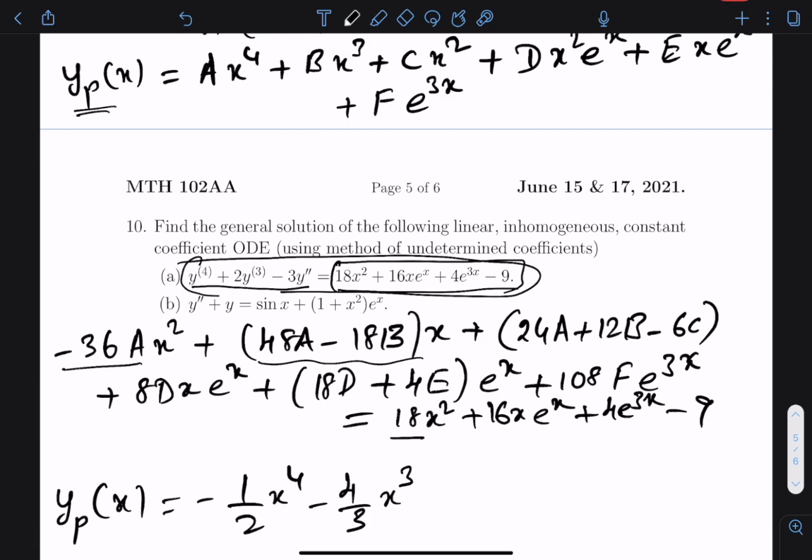This is the constant term, which is equal to minus 9.